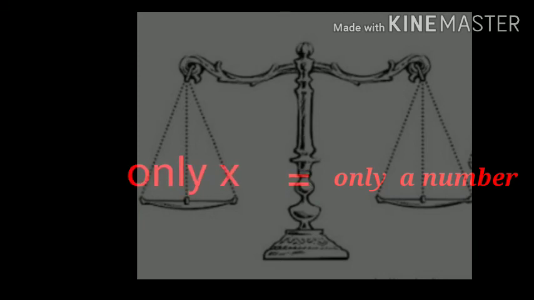So you need x on the left side. For that, you need to remove the 2, which is the coefficient of x, and the -3, so that you are left with only x here, right?